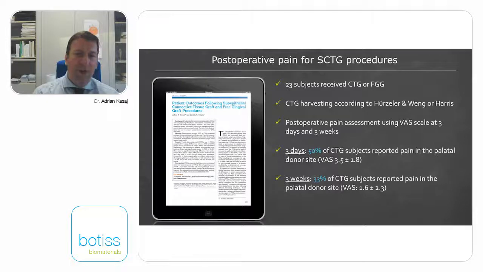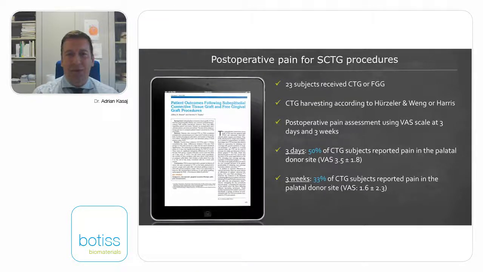So it's not that it was really heavy pain. You can see here after 3 days on a visual analog scale between 0 and 10, the mean value for pain was about 3.5. However, it's not that it's a complete painless procedure.